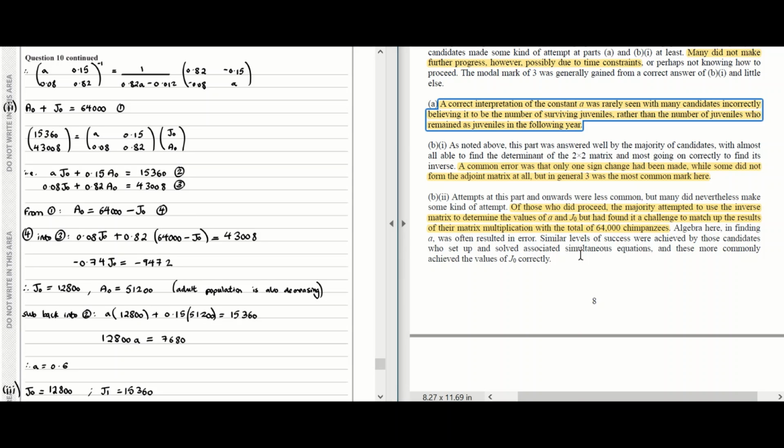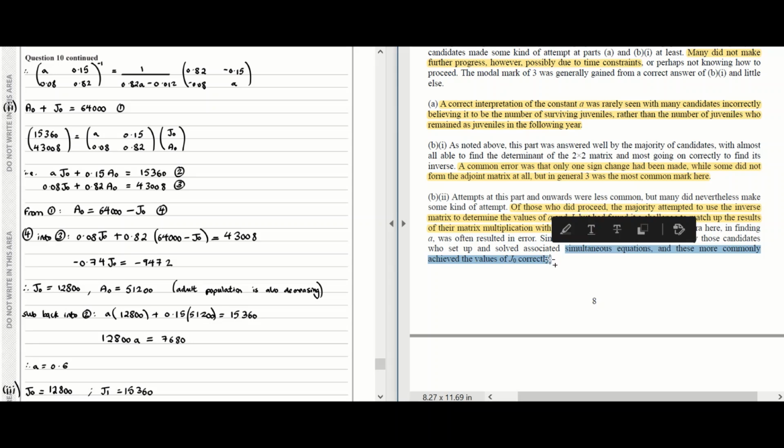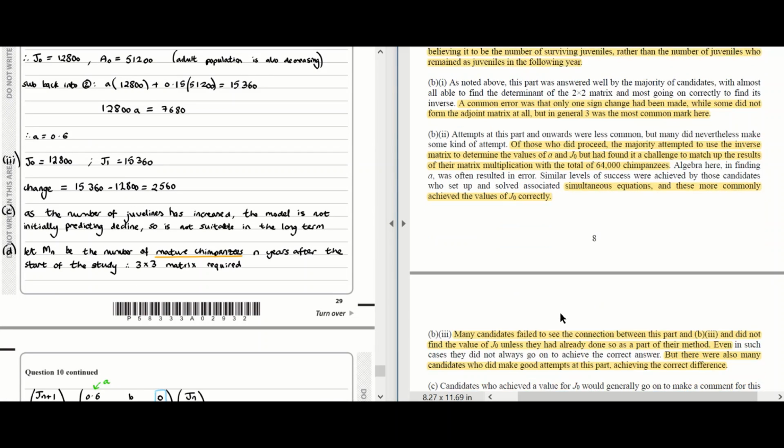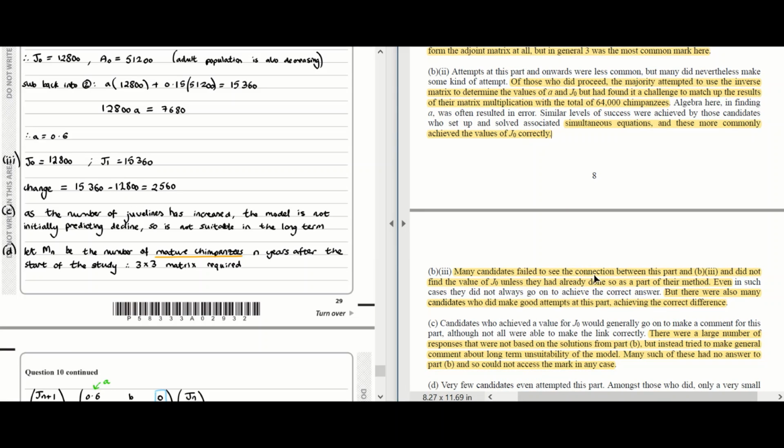But essentially those who used simultaneous equations found J0 correctly, which is what we did. A lot of people failed to see the connection between this part and part B III. A lot of people did find the correct difference though, however.